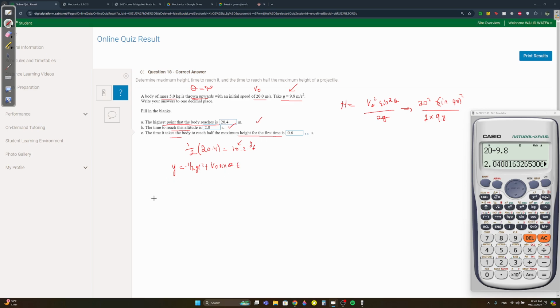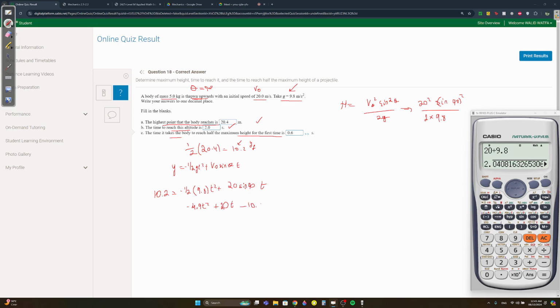We know that the final y is 10.2, equal to minus half, g is 9.8, t squared plus 20 sine 90 t. You're going to get minus 4.9 t squared plus 20 sine 90, which is 20.